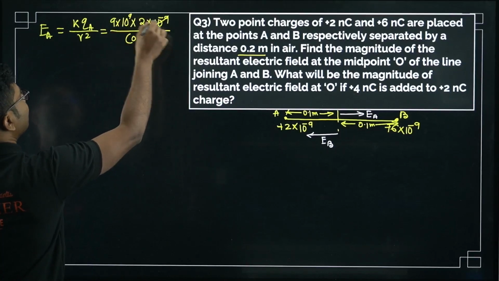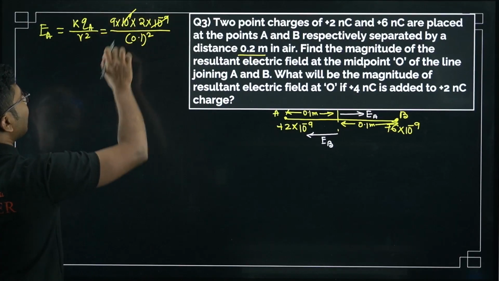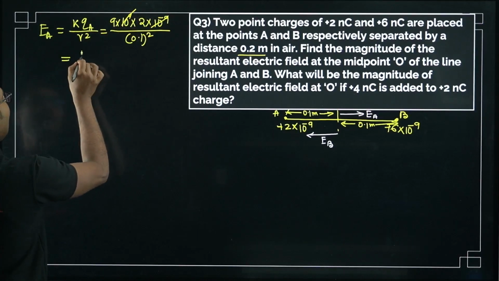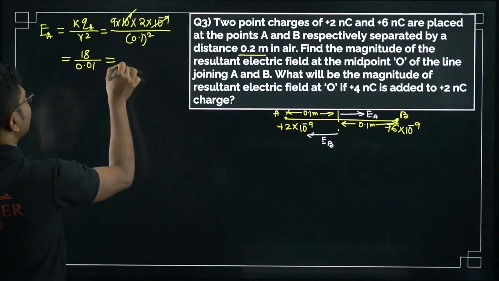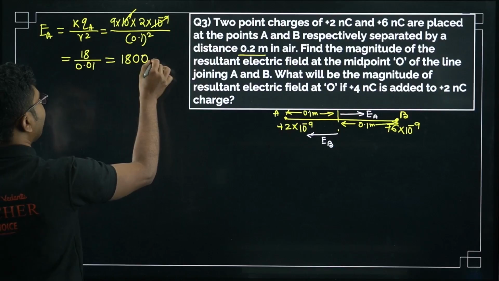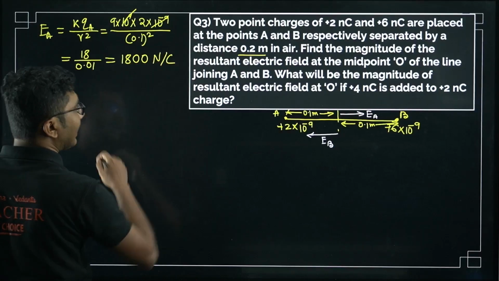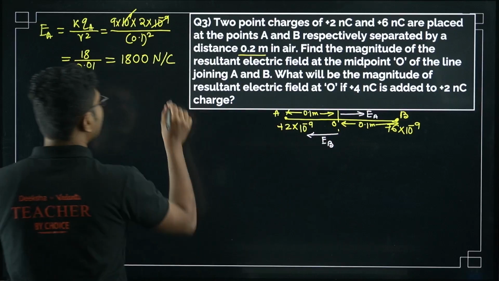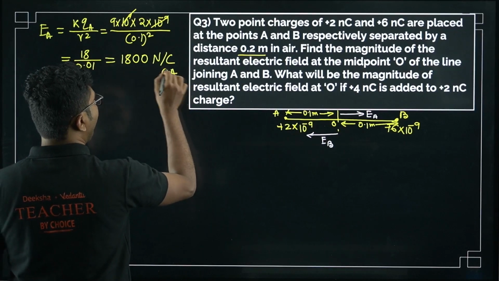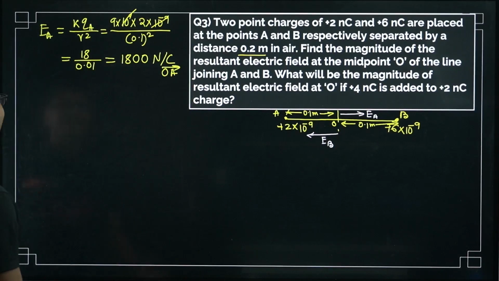So this -9 and +9 will cancel, so we get 18 divided by 0.01, which is nothing but 1800 Newton per Coulomb. Direction is along OA. Okay, now what is EB here?